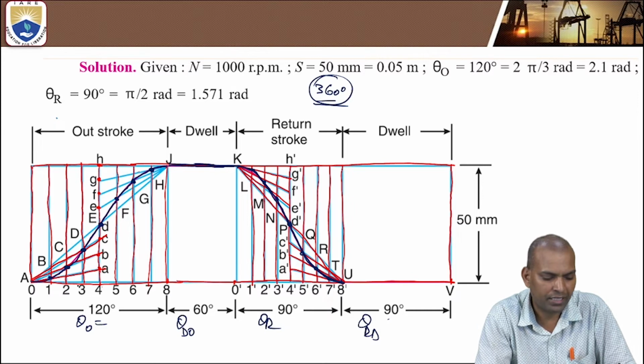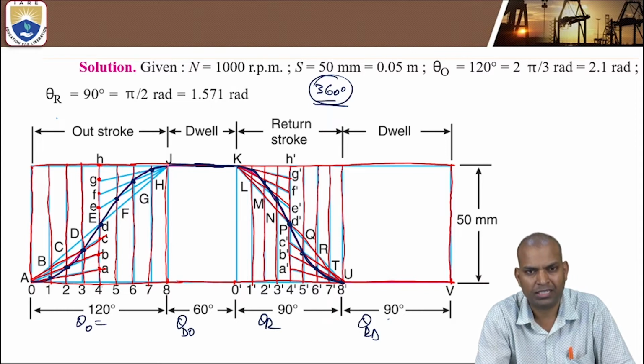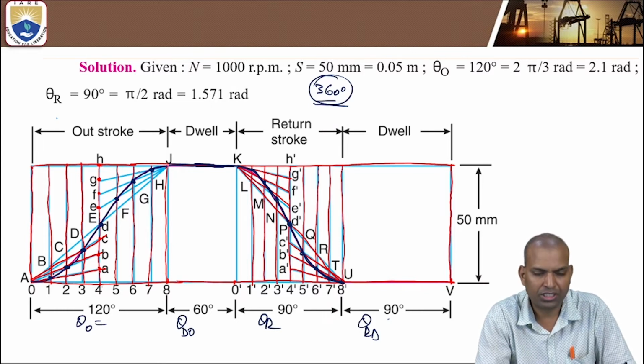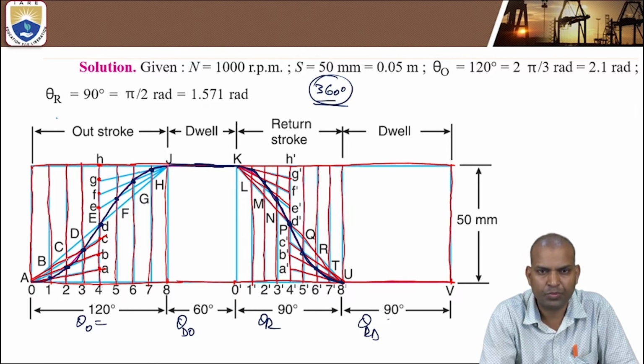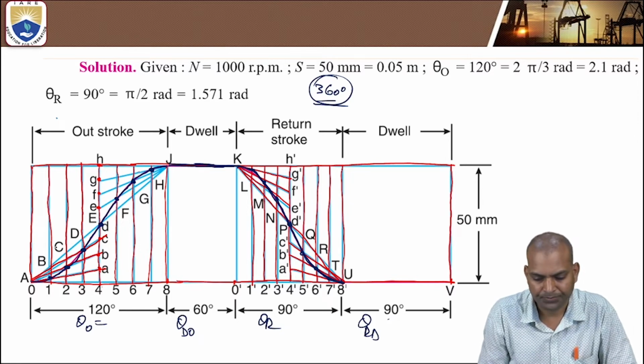Here it is divided into 8 parts, and draw vertical lines. Next, take a center line, divide into an even number of parts, 8 parts, and join the inclined lines from the corners A to J to the division lines of the center line. The intersection of these inclined lines with the vertical lines marks the points, and draw the curve. That's it. The displacement diagram will be obtained.